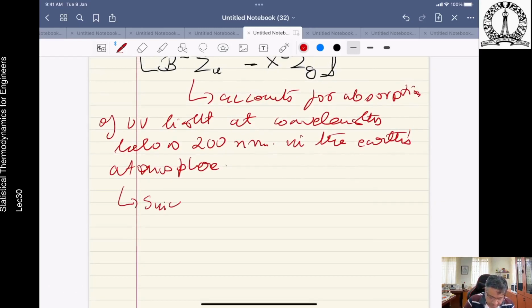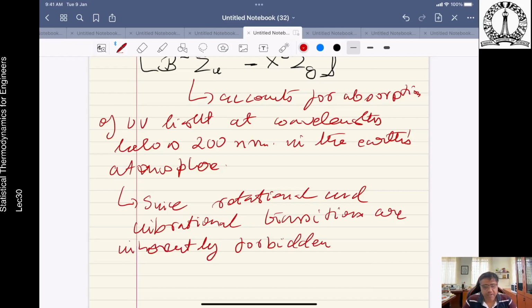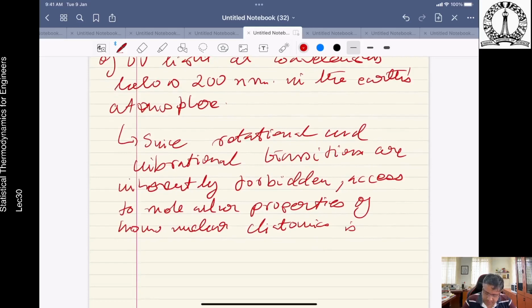So since, for homonuclear diatomics, rotational and vibrational transitions are inherently forbidden, access to molecular properties of homonuclear diatomics is only possible through electronic spectroscopy.